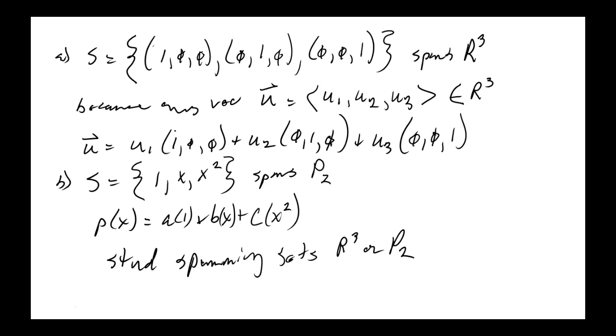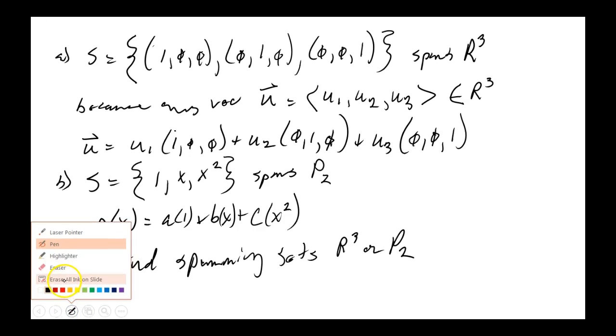We'll learn more about standard spanning sets in the next section, and we'll actually give them a slightly different name. So let's look at example 5, another spanning set that's not a standard one.